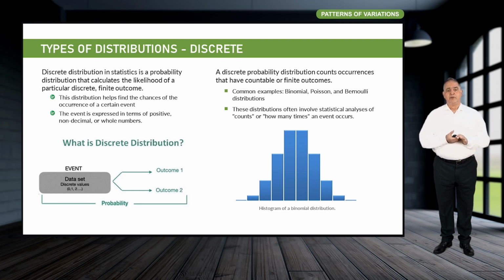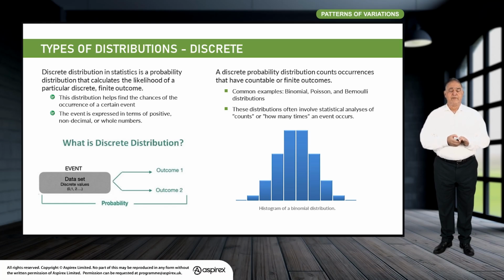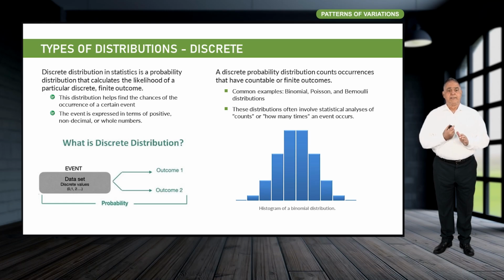There are 2 types of distributions depending on the type of data that we're using. So if we're using discrete data, then we have discrete probability distributions. And in statistics, this is a type of distribution that calculates the likelihood of a particular discrete finite outcome.